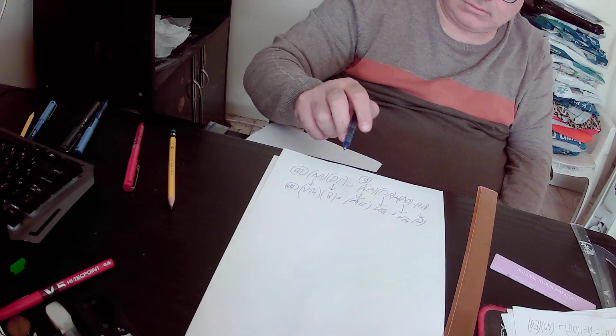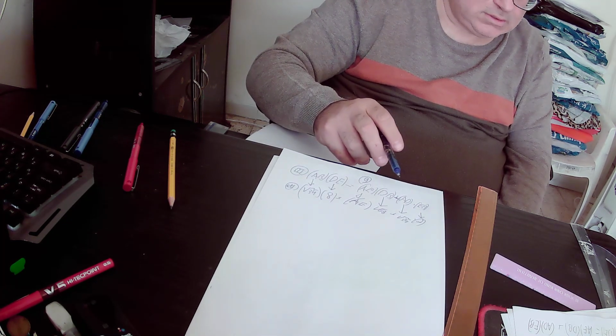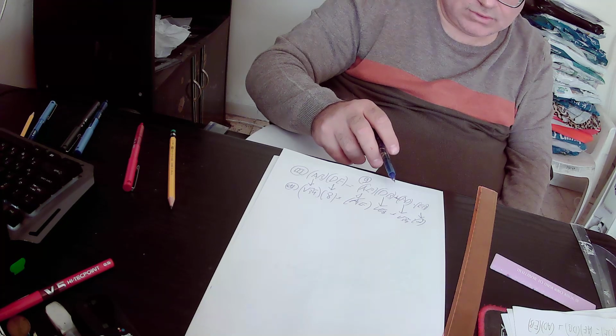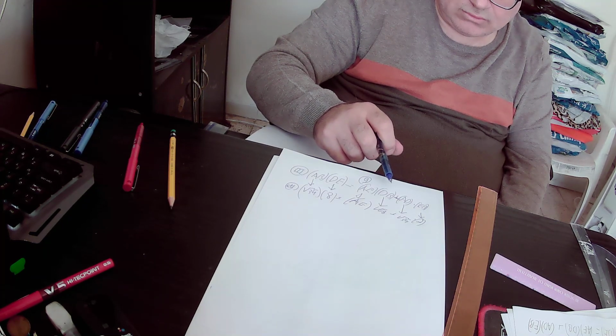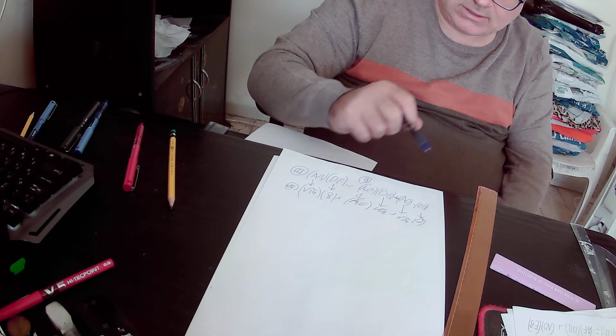So here we know that 68 is 34 times 2, so we will substitute 68 by 34 times 2 and we will not change anything else other than this change.